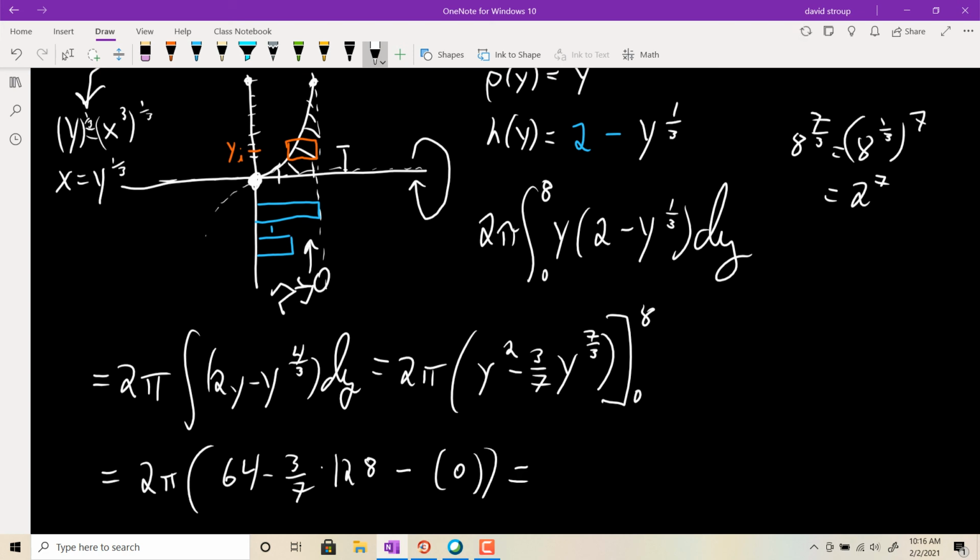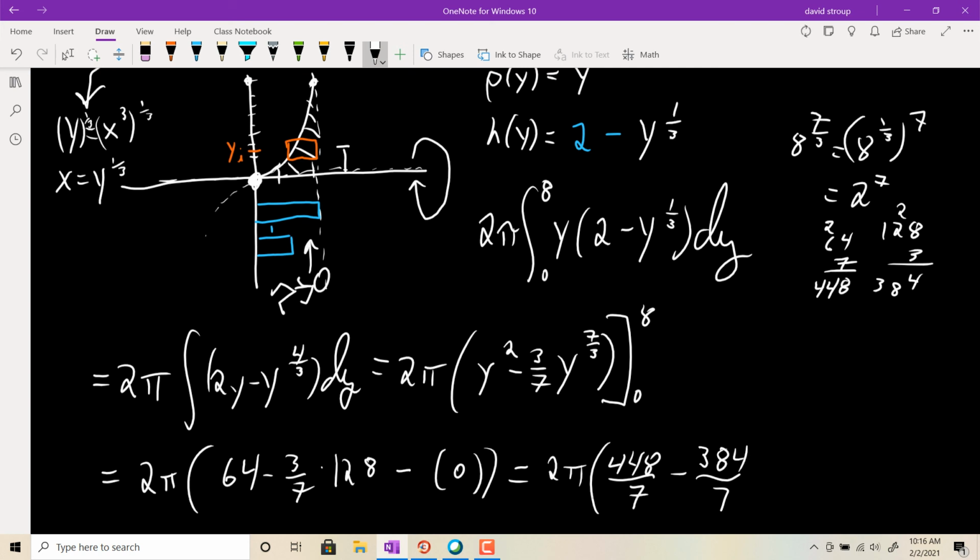That's just 0. Going to need a common denominator of 7 apparently, so we'll have 2 pi times 64 times 7, which is 448, minus 3 times 128, which is 384, over 7, and then subtract those two.